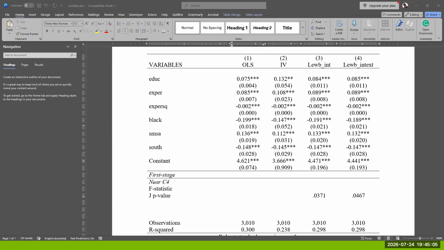Let me see if I could attach them so you can grab it before we leave. So this is one of the data sets.